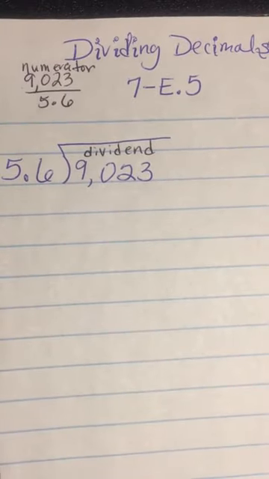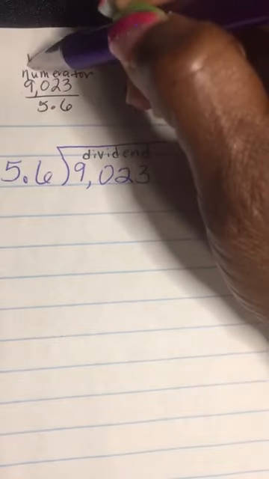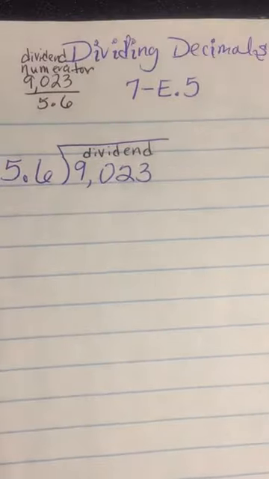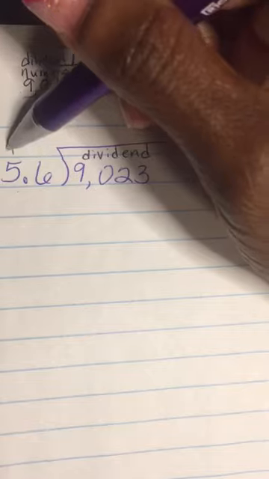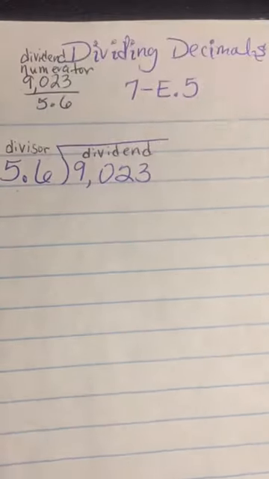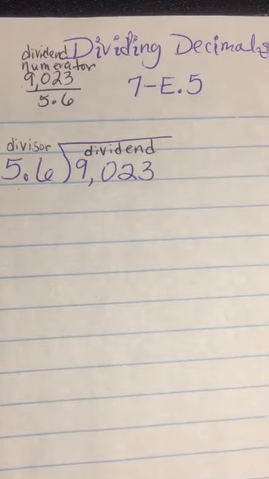So the numerator and the dividend are the same thing. So I'm going to put the word dividend at the top. This is the dividend, numerator. So that means that this number is called the divisor, the number which divides.